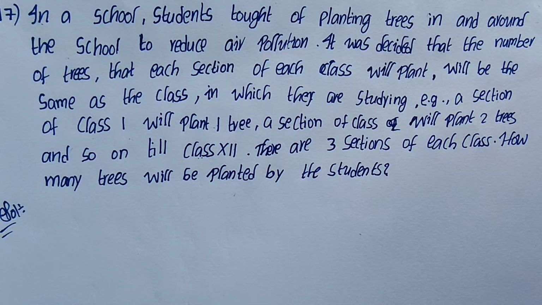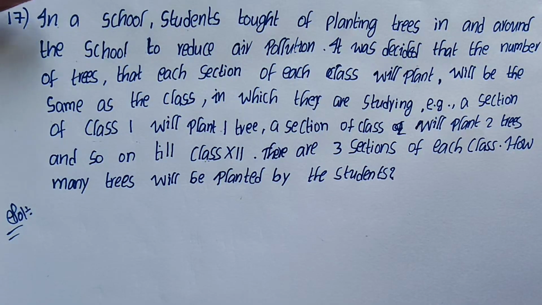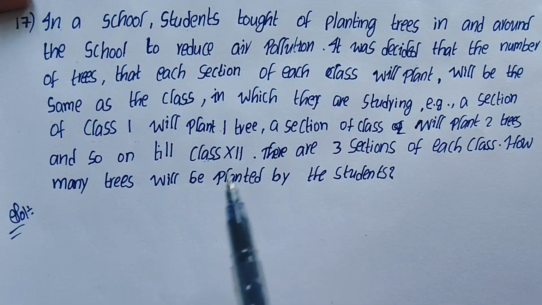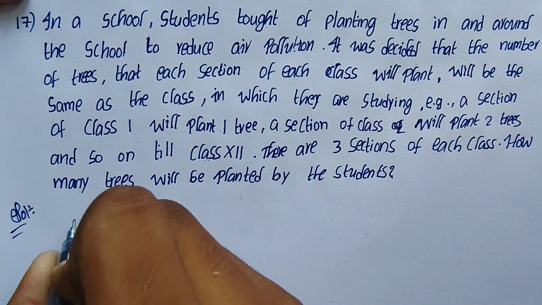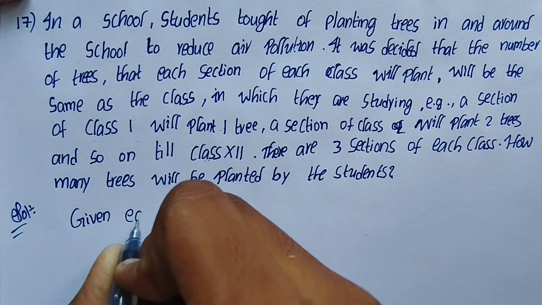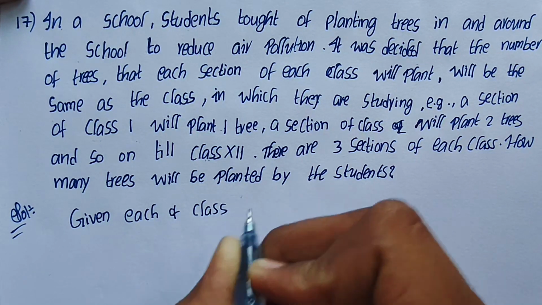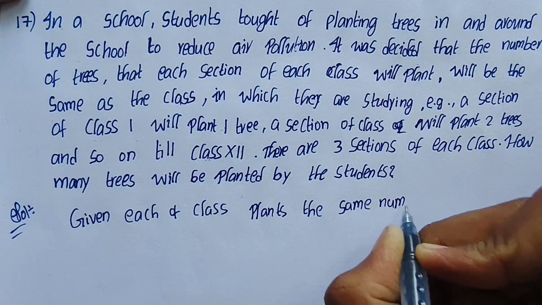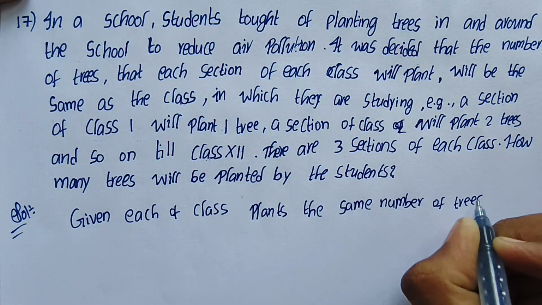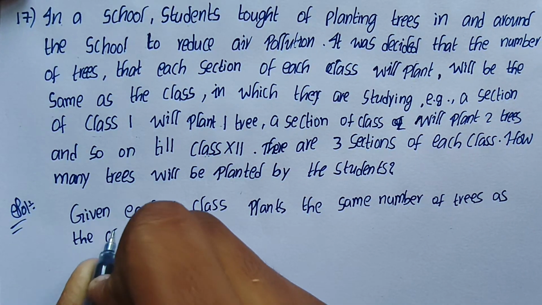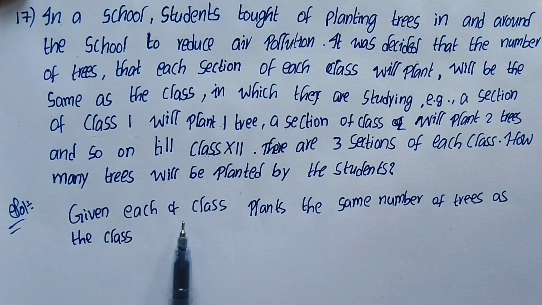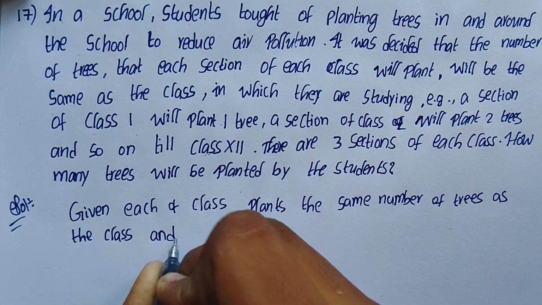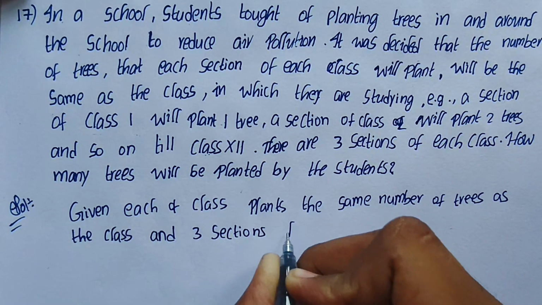So let us solve this. He said given each of the classes plants the same number of trees as the class they are studying, and three sections for each class.